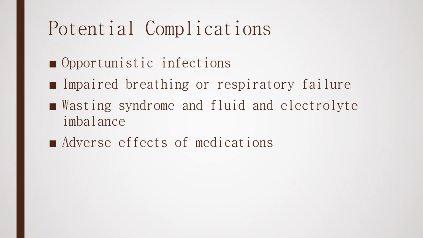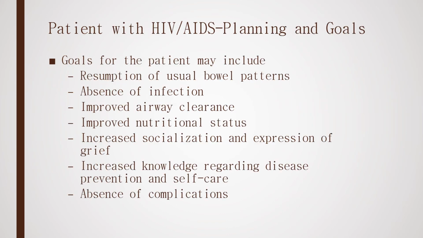The other complication could be adverse effects of the medication. It is important to have knowledge of each medication. If you're working in the oncology unit or a unit where you might have a patient with HIV or AIDS, you want to know the adverse effects of each medication and educate the patient about those medications.